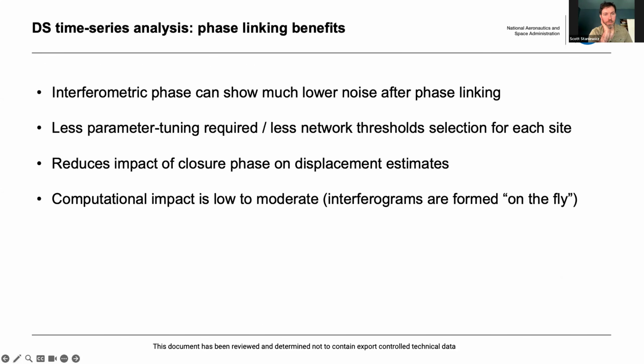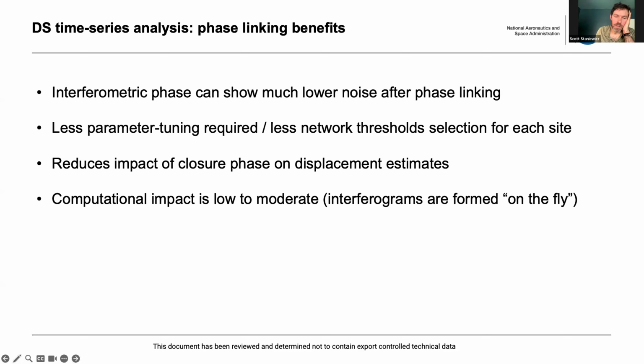So the benefits of phase linking is that, as we saw, for some kinds of decorrelation in some scenarios, the wrapped phase can show much lower noise after you perform phase linking. And one reason I like it is that it can be less parameter tuning and network adjustments after the fact. A lot of times, if you pick pretty good parameters, you can get good results for a very wide variety of sites.